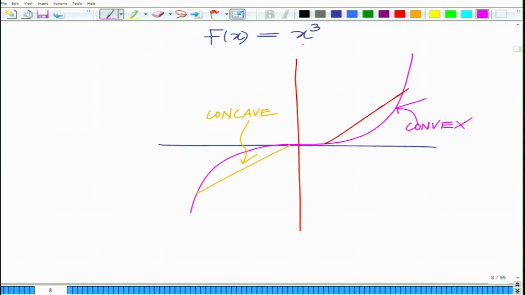So, f of x equals x cube is convex only for x greater than or equal to 0. That is why it is important to consider the suitable domain. F of x equal to x cube for x greater than or equal to 0 is convex, and in the region x less than or equal to 0, it is concave.